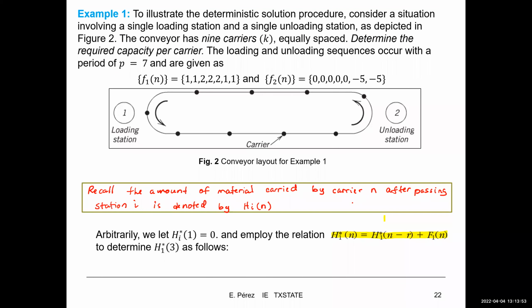And so for the next one, if you look at this expression right here, and you know that this R is equal to 2, the value that we have right now to solve this problem is H1 star of 1 equals 0. And we want to use that value here in order to solve for the next one. We know that R equals 2. So what will be the value of N if we want to make N minus 2 equal 1?